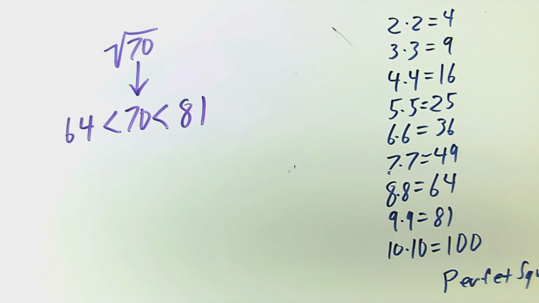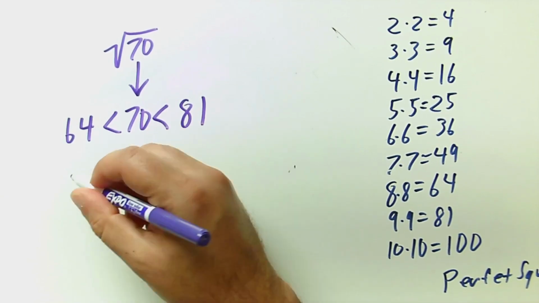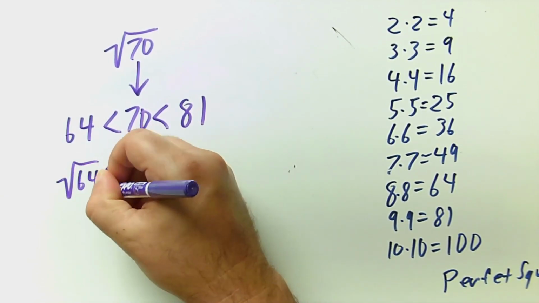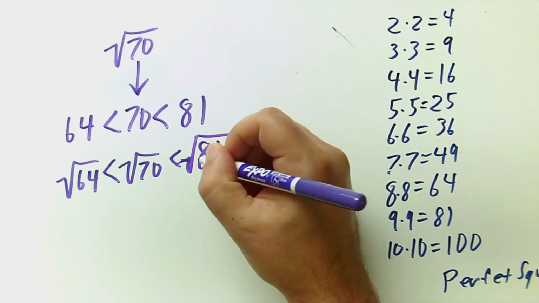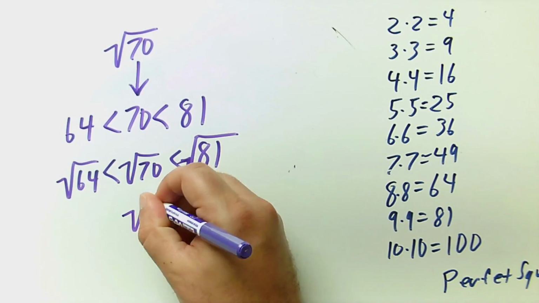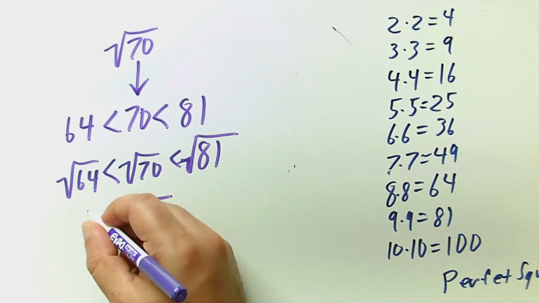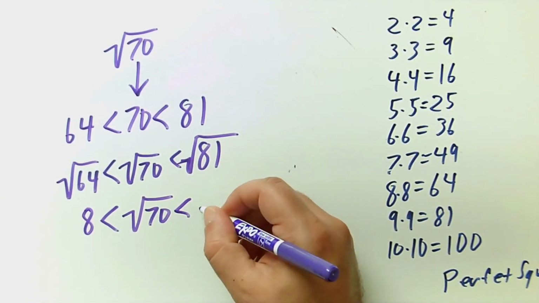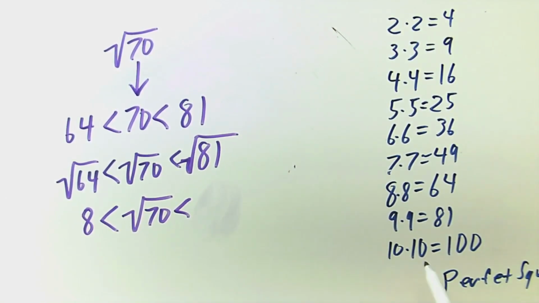Okay. Now we take the square root of all three of these. So 70, square root of 64, and square root of 81. And now we can evaluate these two, and we will find out that square root of 70 is between 8 and 9, because the square root of 81, if you look over here, is 9. So we know it's between 8 and 9.